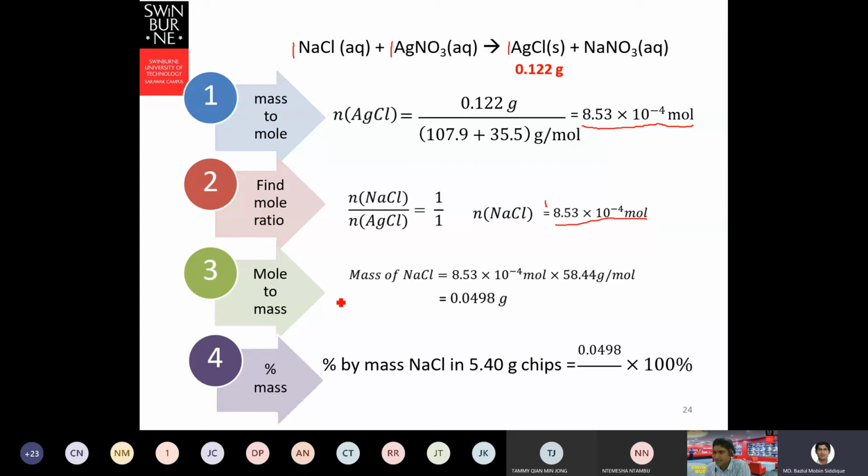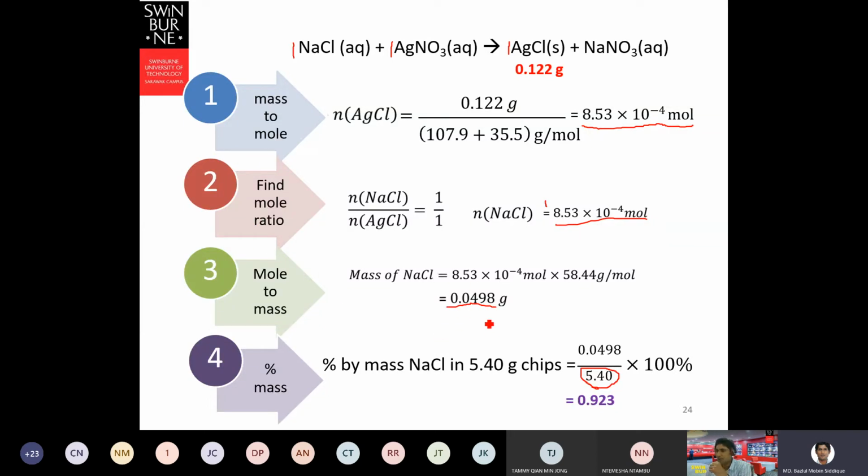Now, percent by mass. The mass of sodium chloride that we found, 0.0498, or 0.05 if we round up, was in 5.4 gram, because we started with 5.4 gram of these chips.